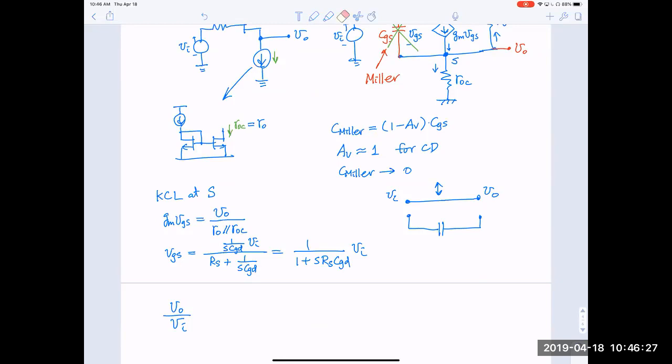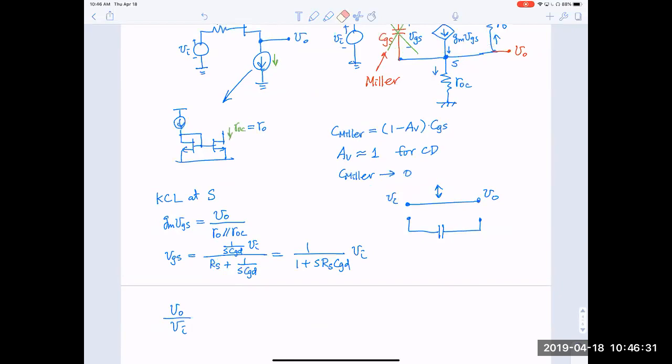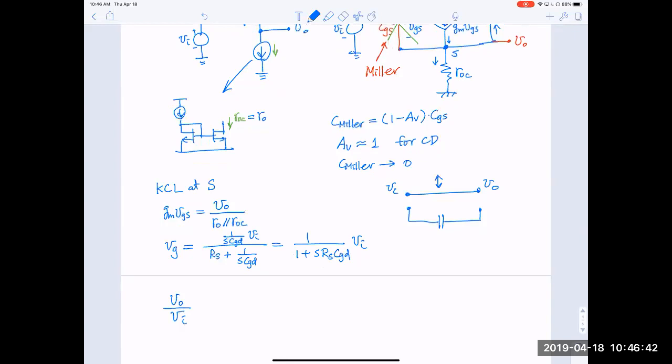Mistake here. This is not VGS. I jumped too fast. This is VG, just the voltage at the gate. S is no longer ground, so we cannot jump that fast. VGS is actually equal to VG minus VS, and VS is actually the output terminal.